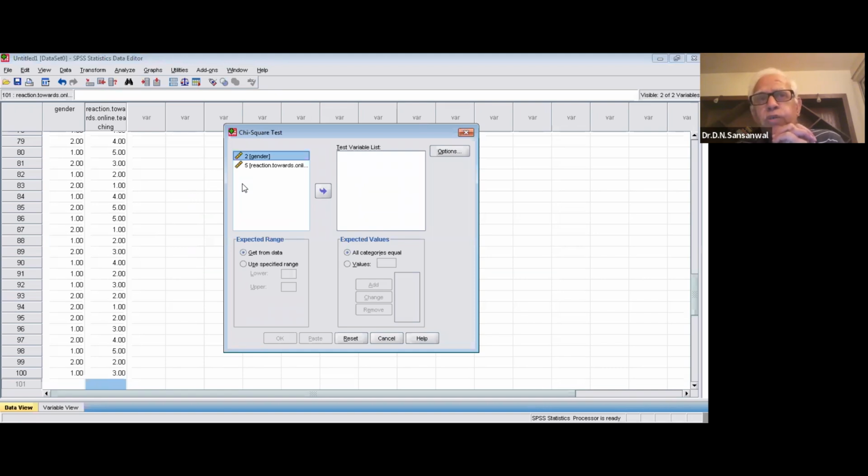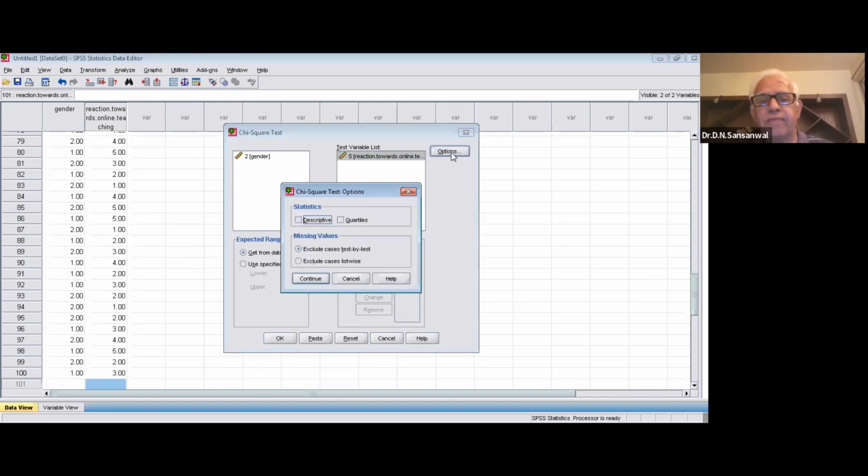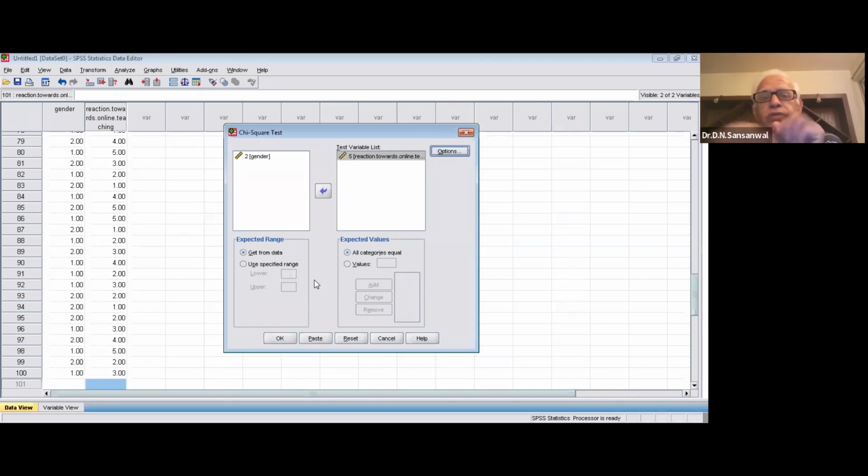And in this chi-square, you only try to see whether the responses of the people differ among themselves or not. So only one variable you can take. You cannot take more than one variable in this particular one.